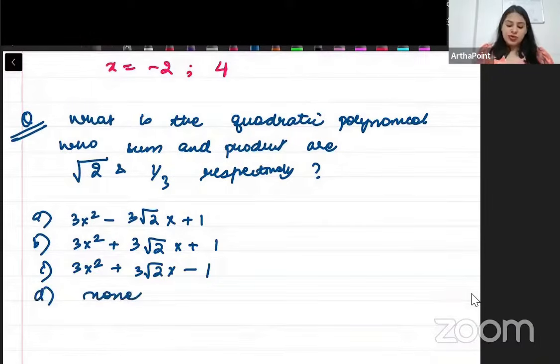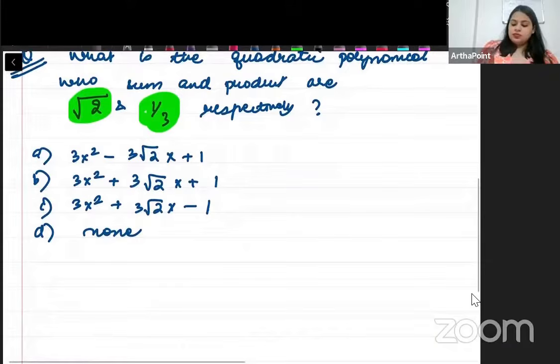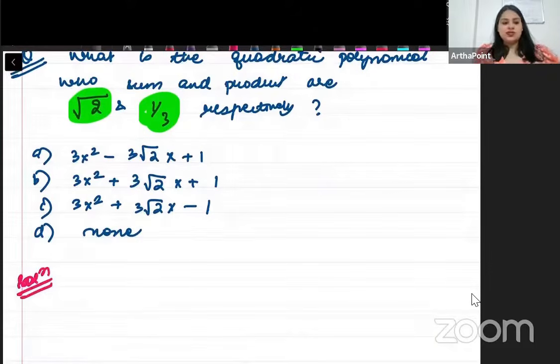Take a moment, try to do this question yourself. You have to give that quadratic polynomial whose sum and product are given to you. So sum is root 2 and product is 1 by 3. Please go ahead and try this.